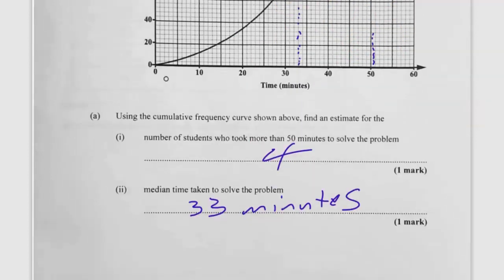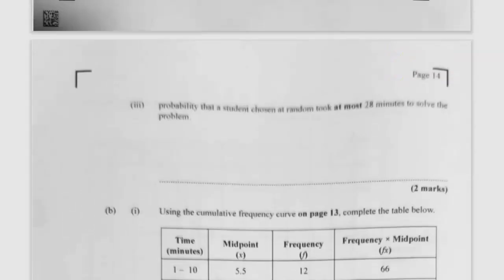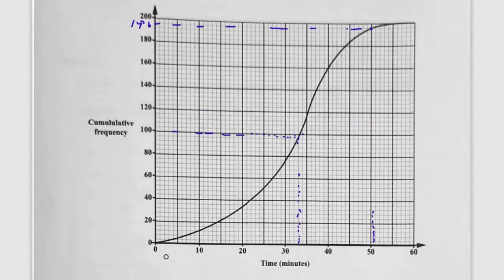Alright, next. The probability that a student chosen at random took at most 28 minutes to solve the problem. Let's find 28 minutes. That would be 2 before the 30, so 28 would be about here.